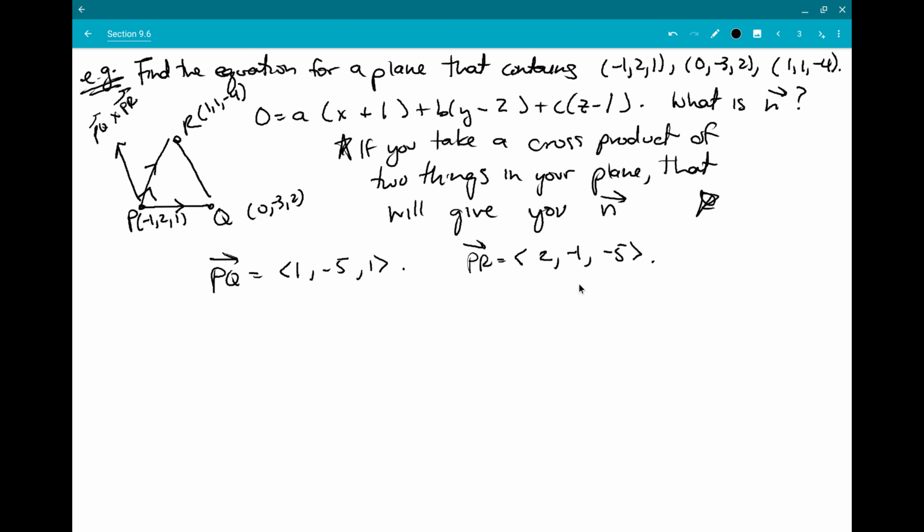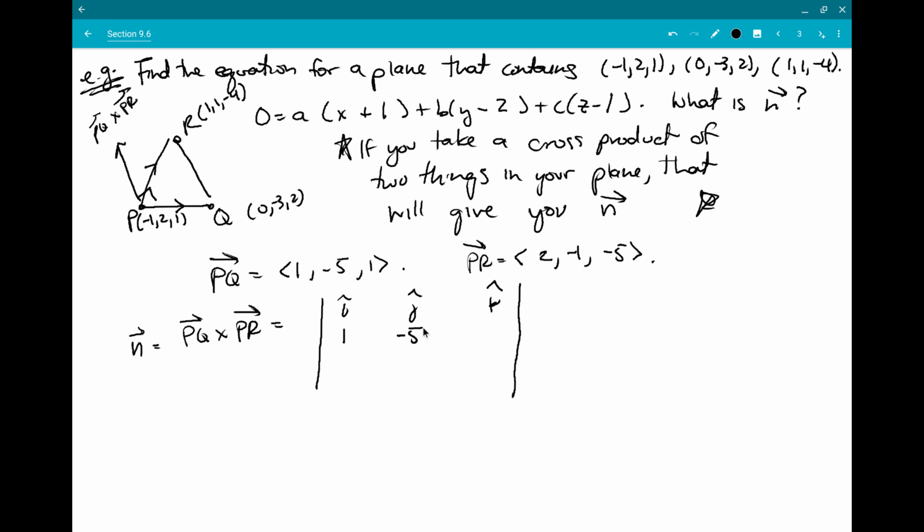Hopefully that feels familiar to you from last week. And then our normal vector is going to be given by that cross product. I'm going to go ahead and use the determinant version because that's easier for me. If you want to follow along with the formula, that's okay too. We'll get the same answer in the end.